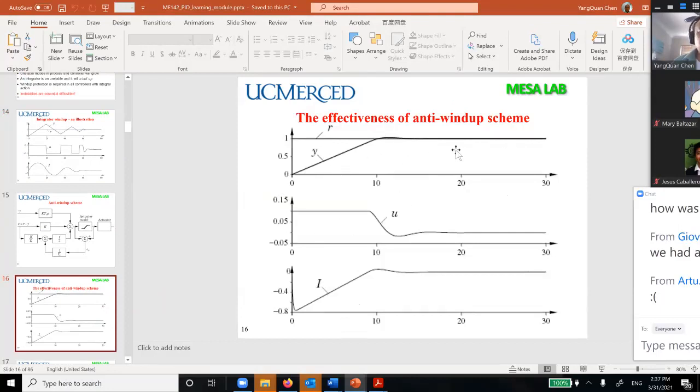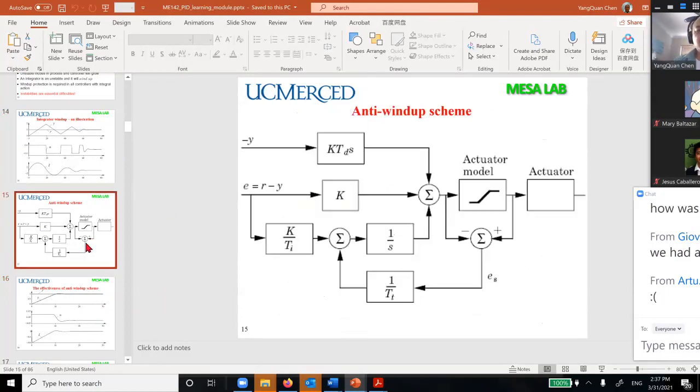How we can do that is what they call the anti-wind-up mechanism. Before and after the saturator, you check the difference, make the difference be subtracted from this value, then you integrate it. So then you can get out of the saturation immediately.